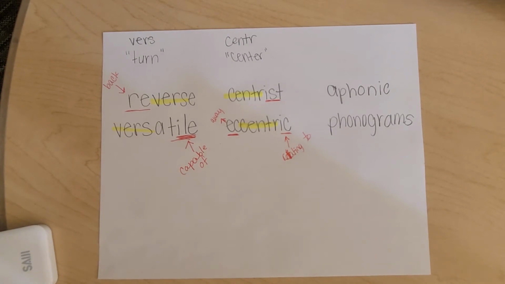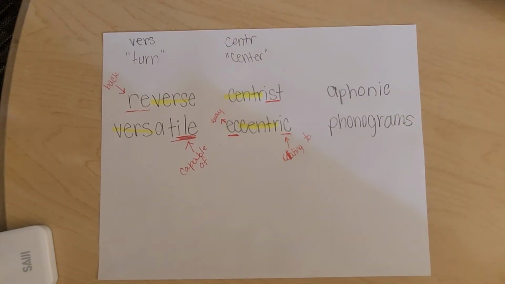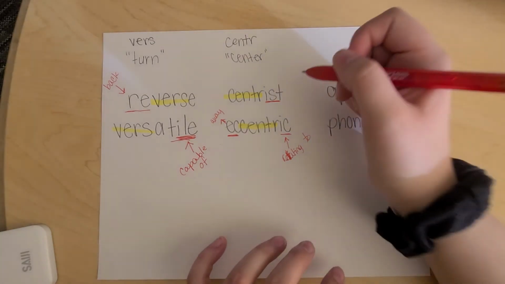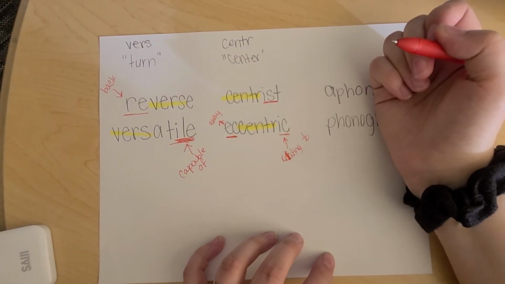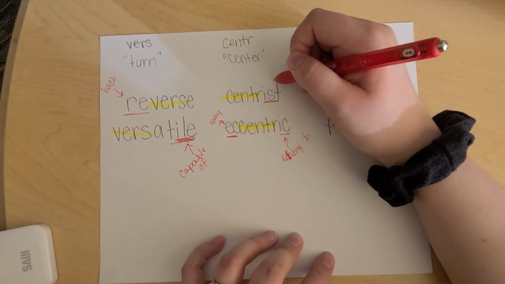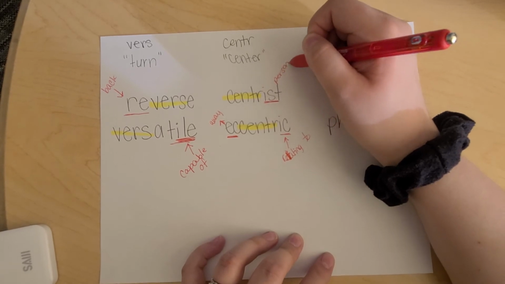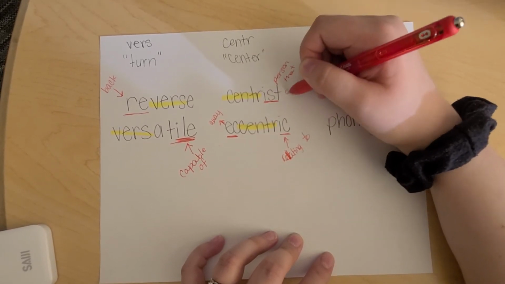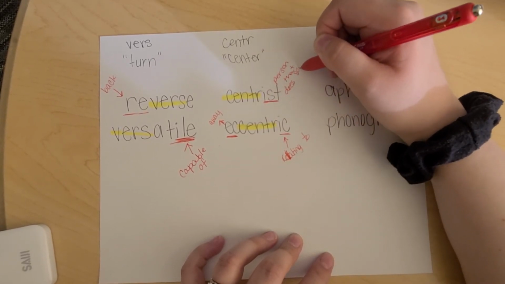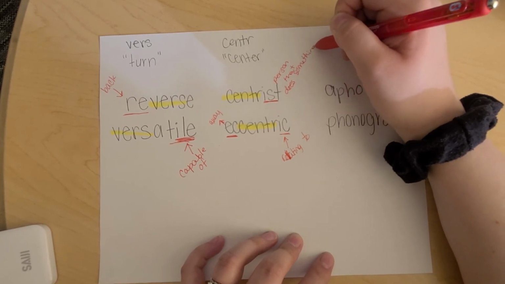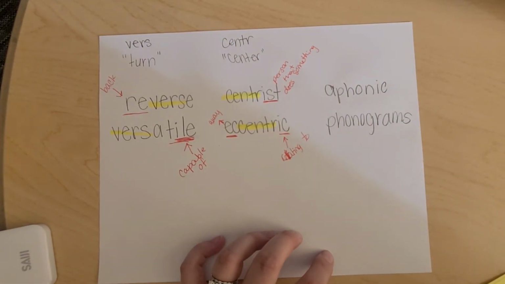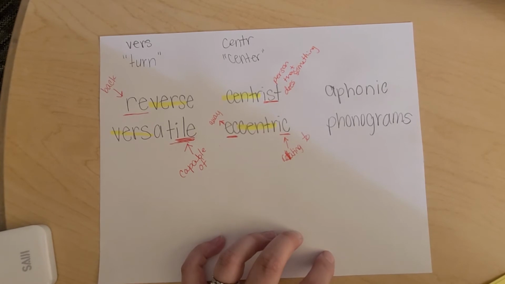Now I have centrist, for which I need to find my suffix ist to help me with this. A person or thing that does something. So a person or thing that does something. Okay, a person that does something in the center, or being related to the center.